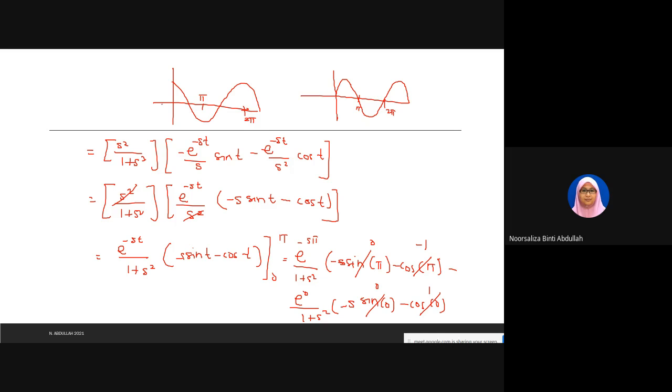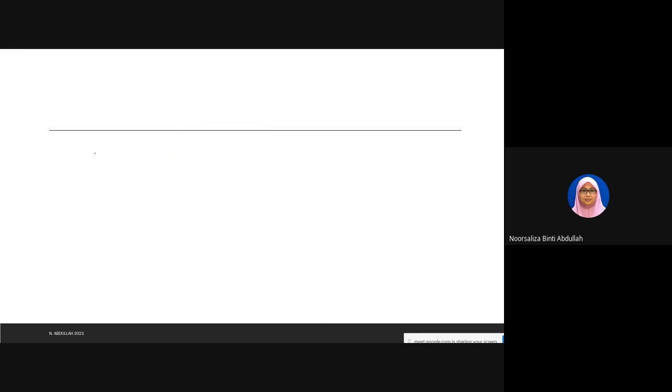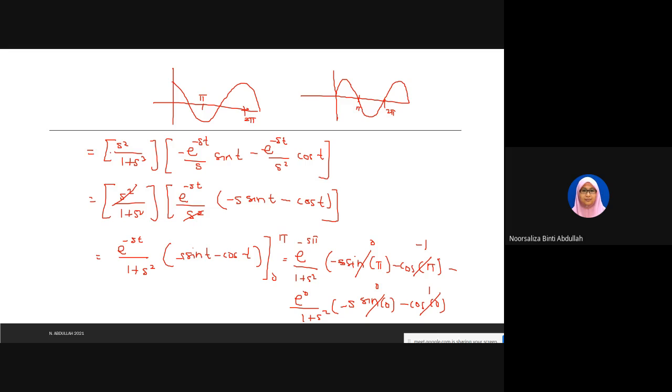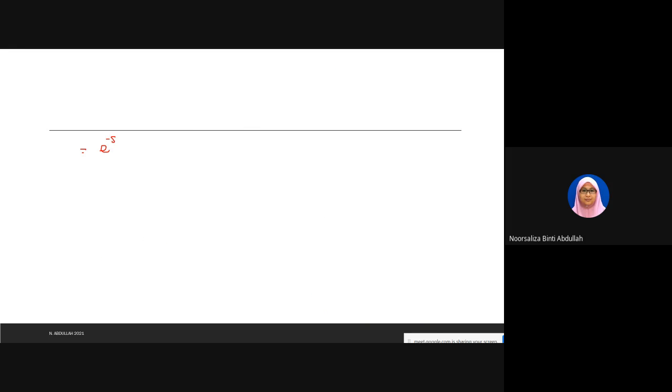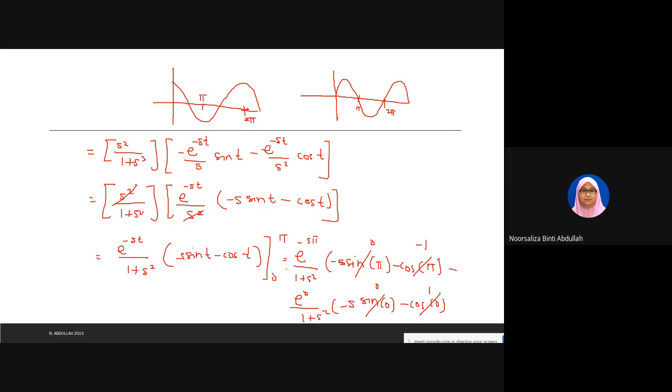Okay. So cos pi is minus 1. Cos 0 is 1. Sin pi is 0. Sin 0 is 0. So kita cuma ada dekat sini saja. So kita tulis jawapannya sama juga dengan exponent minus S pi over 1 plus S square minus 1 times minus, so minus will be positive.